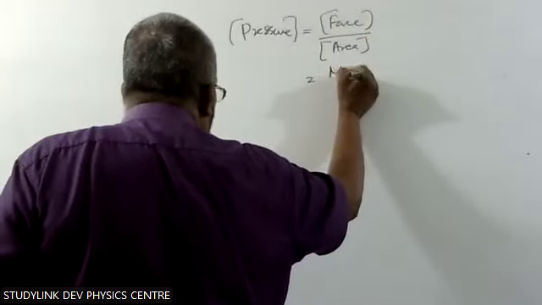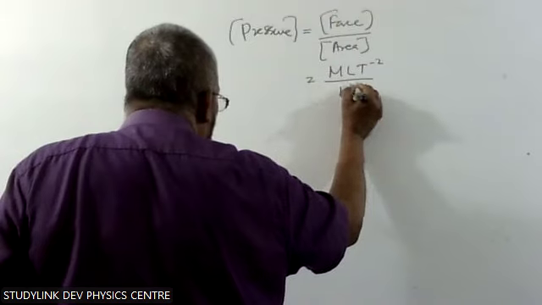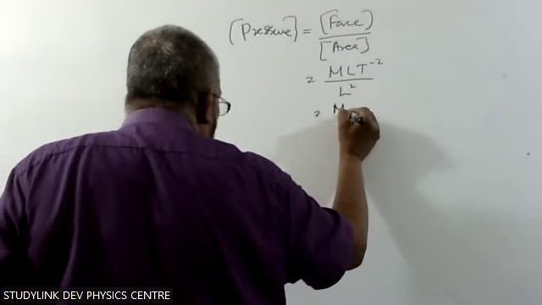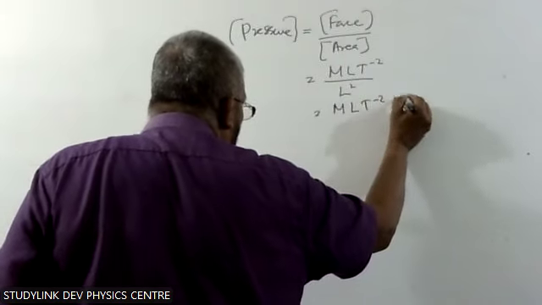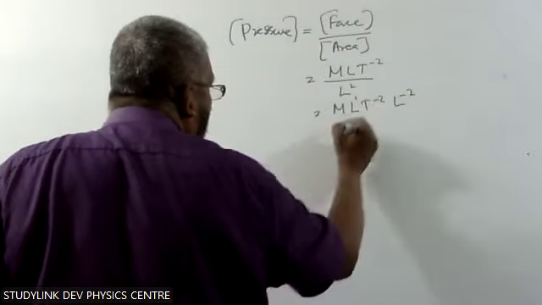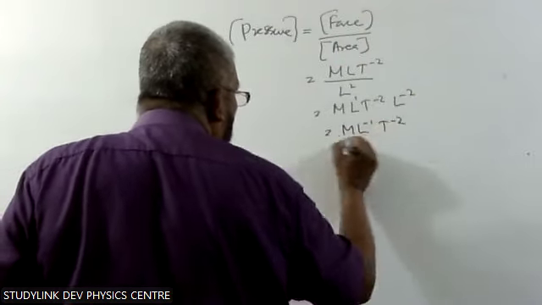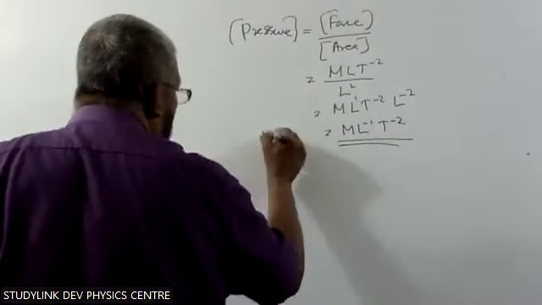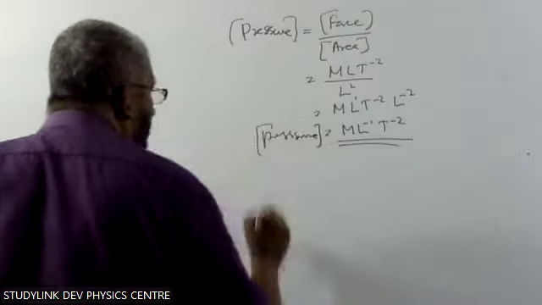Force is M L T minus 2. Area is L squared. Then M L T minus 2 L minus 2. L is 1, so 1 and minus 2 added gives M L minus 1 T minus 2. That is the dimension of pressure.